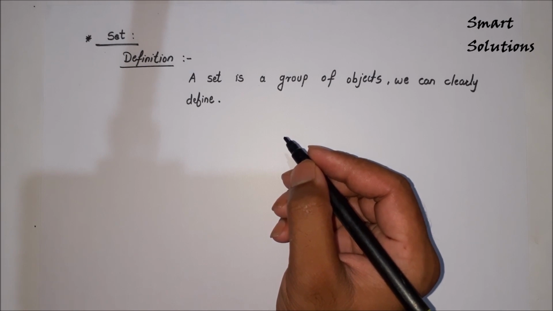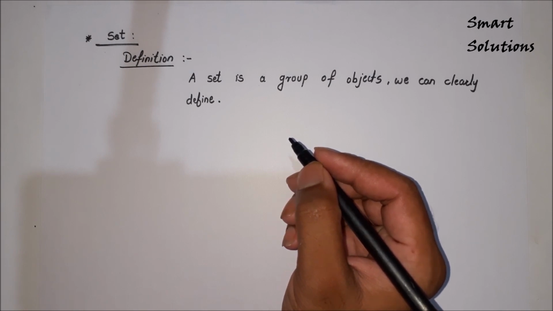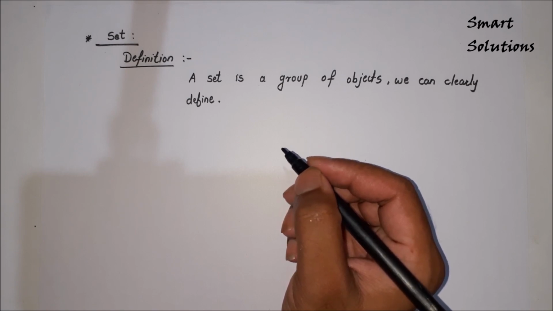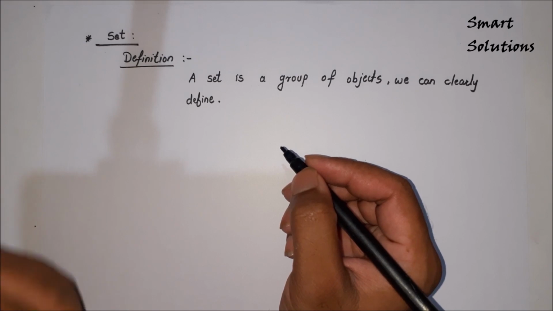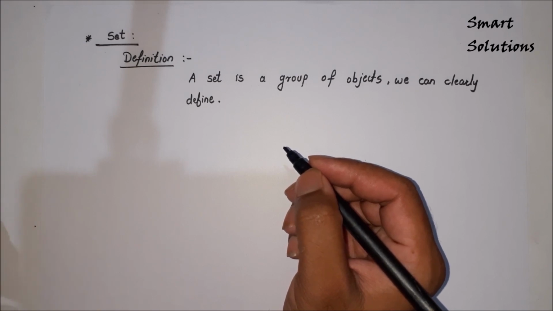For example, if you consider a box and in the box there are a number of balls, there could be some white balls or red balls. Saying that a box contains red balls, this is actually the definition of characteristic, or the characteristic of the ball, that it is of red color.